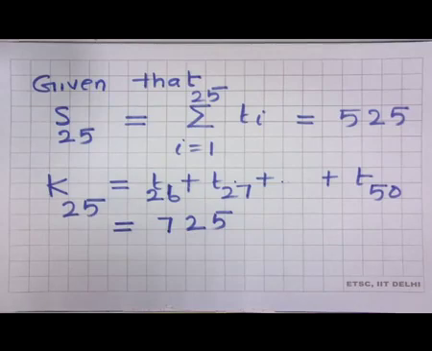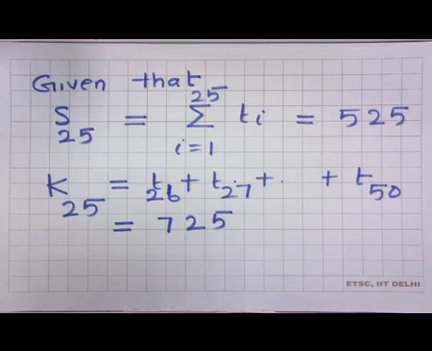That is, K25, which is equal to T26 plus T27 plus etc. up to T50, is given to be 725. Let me remind you that we don't have a ready-made formula to find the sum of terms of an AP starting from the 26th term and ending with the 50th term.